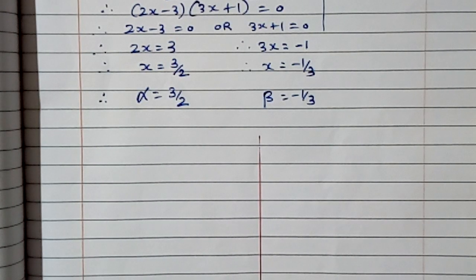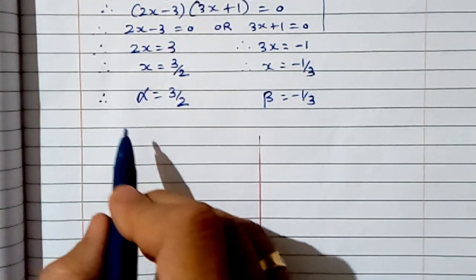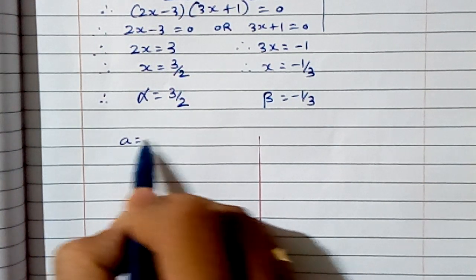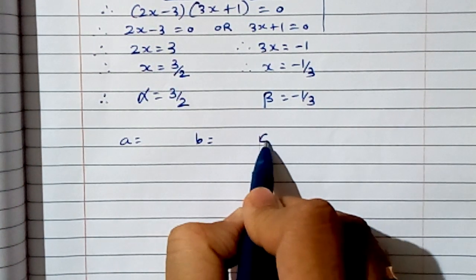Now we will verify the relationship between coefficients and zeros. Very first, we determine a, b and c.